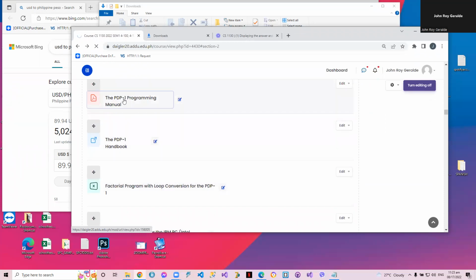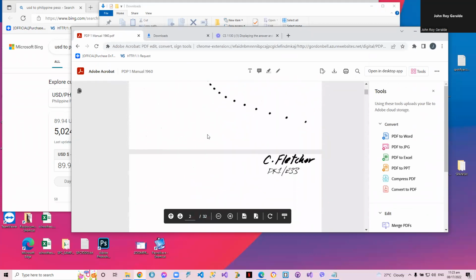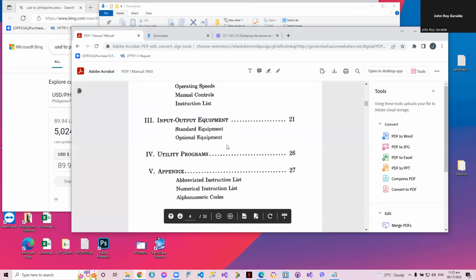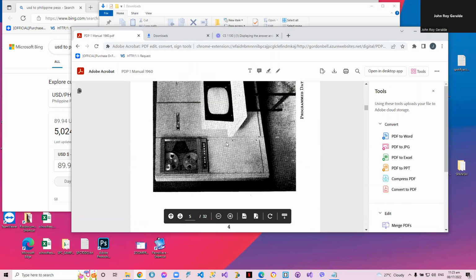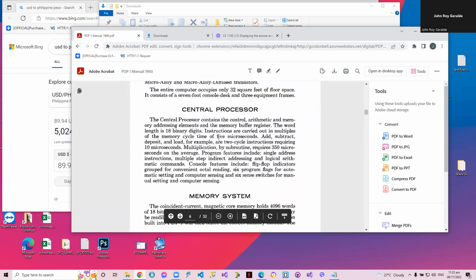Program data processor, okay? Here's an actual picture of the DEC PDP-1. So the central processor contains 18 binary digits, which means that the word is 18 bits.